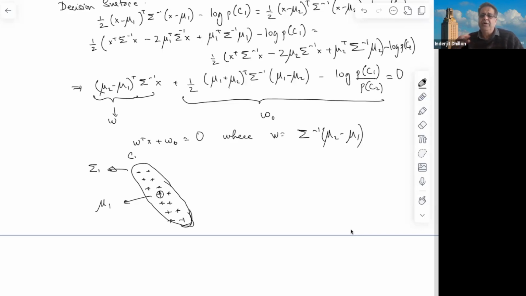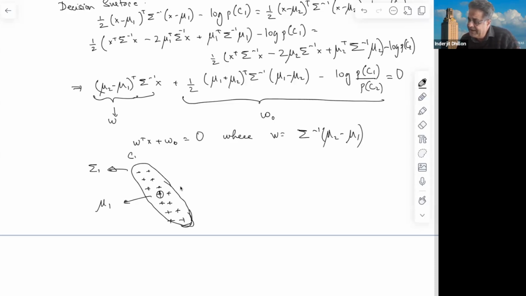If you remember last time, you can look at the covariance matrix and its eigenvalue decomposition, V lambda V transpose. The direction of maximum variance is V1, which corresponds to the largest eigenvector of sigma 1, and then you have the smaller eigenvectors that correspond to the smaller eigenvalues.